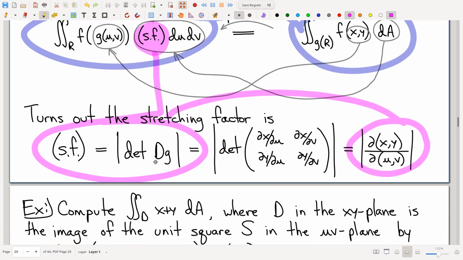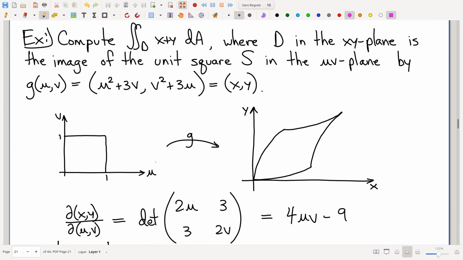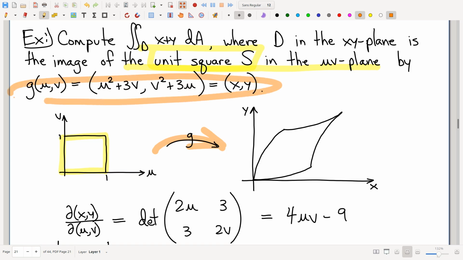And now let's get to actually doing one. Right? Let's get some dirt under our fingernails. So we're interested in the following scenario. We have the unit square in the UV plane. That unit square, I'm going to plug into some function called g, which, by the way, is given right there.